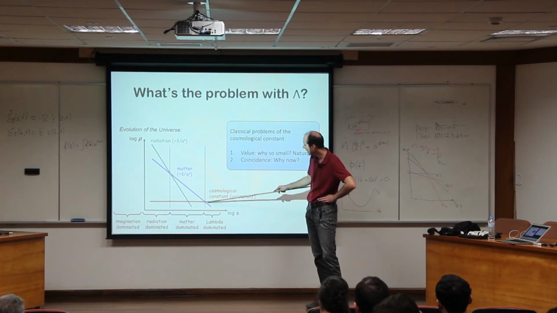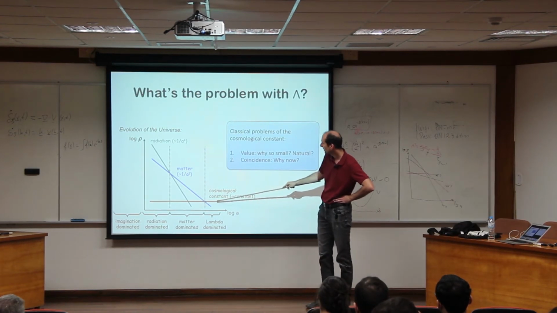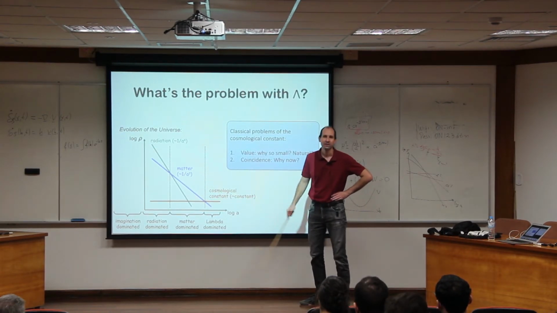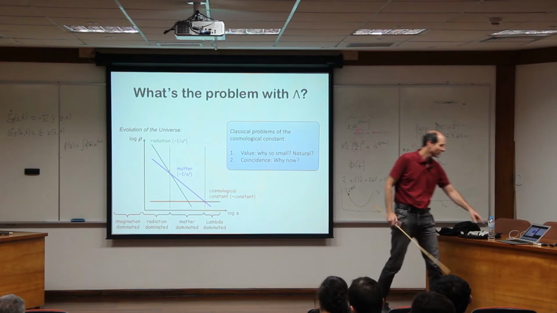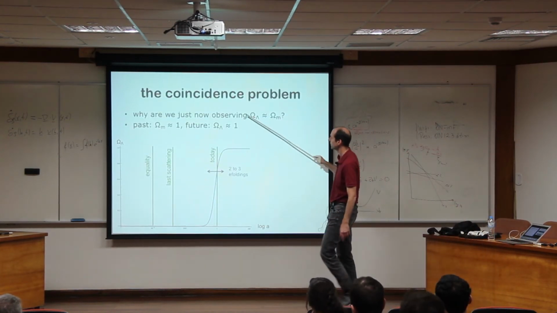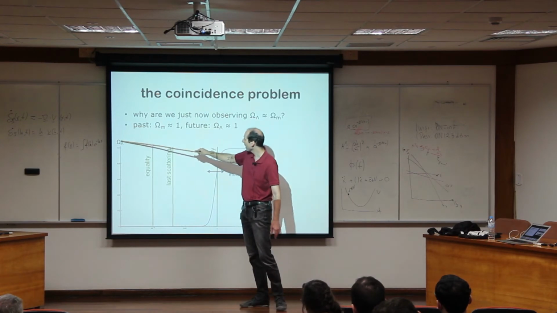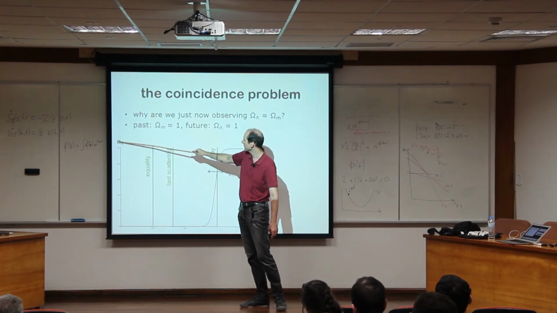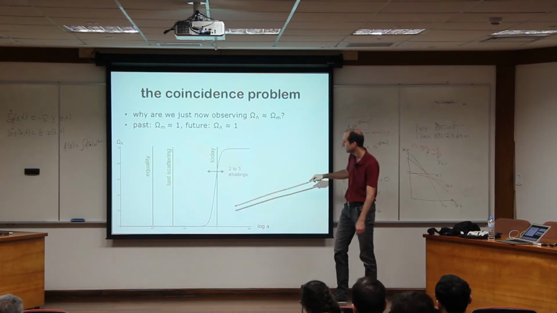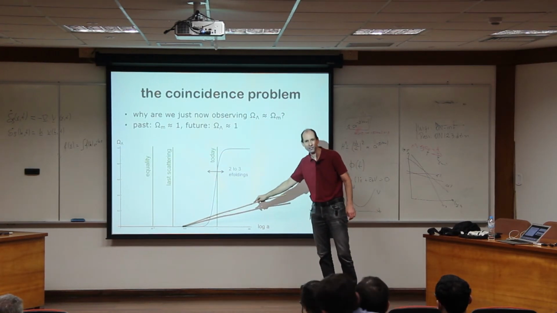And the second point is, since there are 3 powers difference in evolution between matter and cosmological constant, why are we living exactly here? So to go to the coincidence problem, if you look at omega lambda, the amount of cosmological constant relative to the total, in the past it was effectively 0.